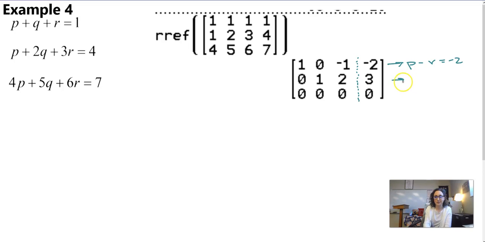The second row is 0p plus 1q plus 2r equals 3. What does the bottom row say? 0 equals 0. Is this sometimes true, always true, or never true? This is always true, meaning there are infinitely many solutions.